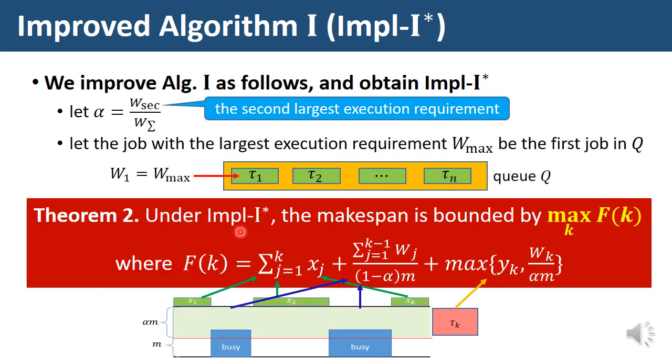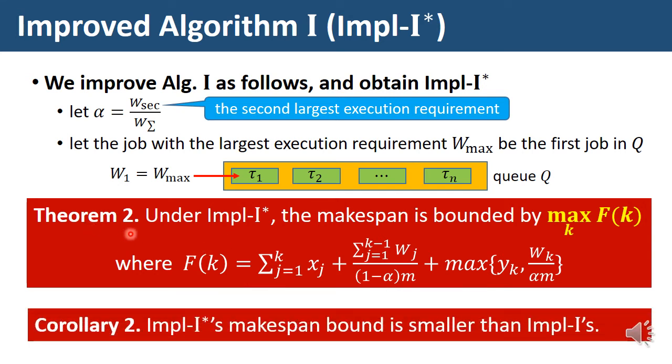Under implementation 1 star, the max span can be bounded by max fk. Here, fk is a function of k, just like this. The first item is the length of the offloading time of tau 1 to tau k, the second item bounds the length of the no-offloading time before tau k is executed, and the third item is the length of the duration during which tau k is executed.